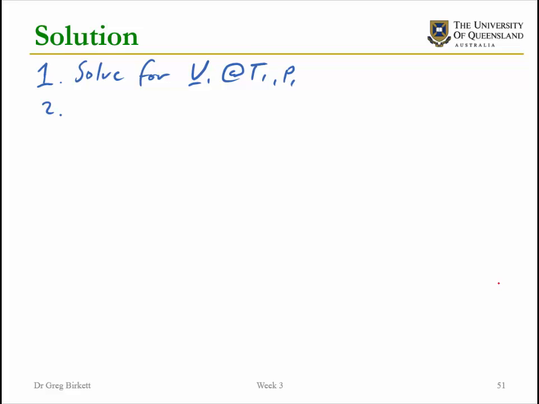Now I don't know what the outlet temperature is, so I need to guess what T2 is, and my initial guess is it's going to be something greater than T1. Once I've guessed what T2 is, then I can solve for the volume at the outlet at T2 and P2, which I know, so I'm not guessing that.